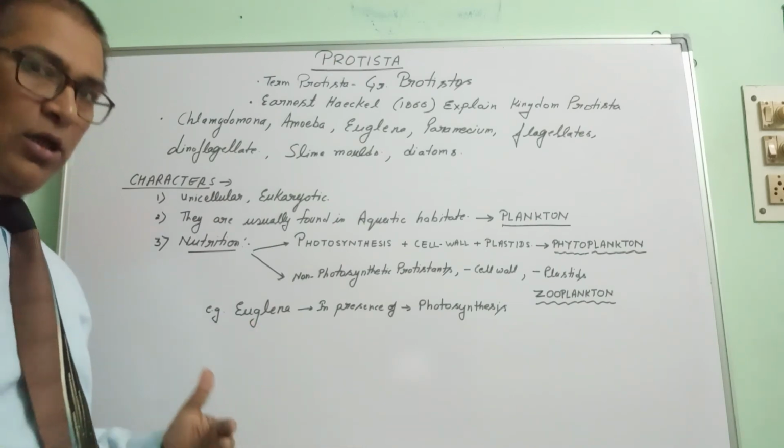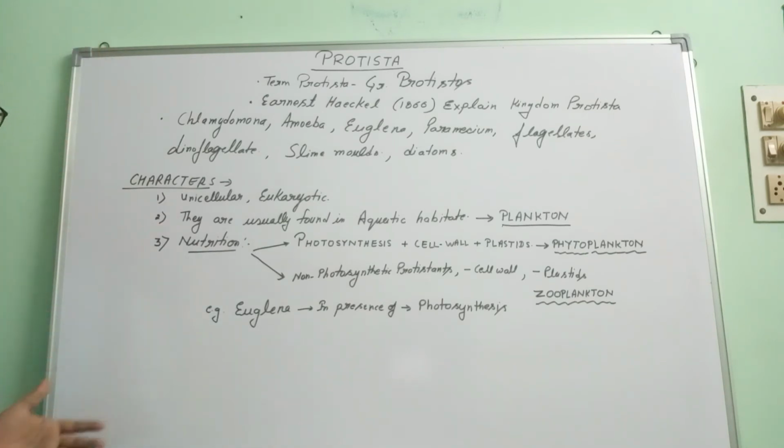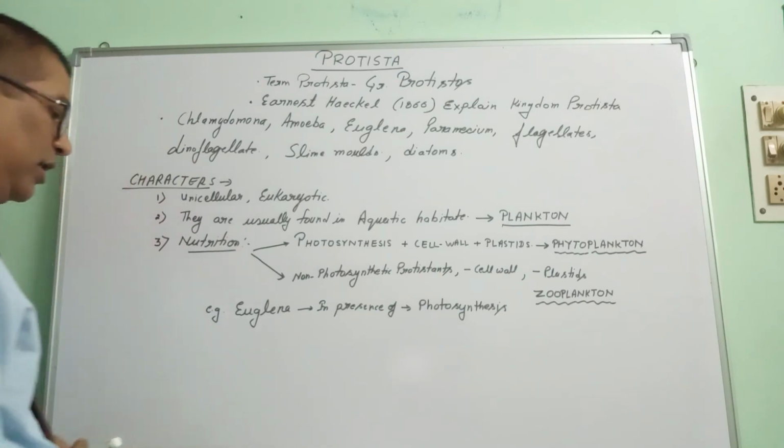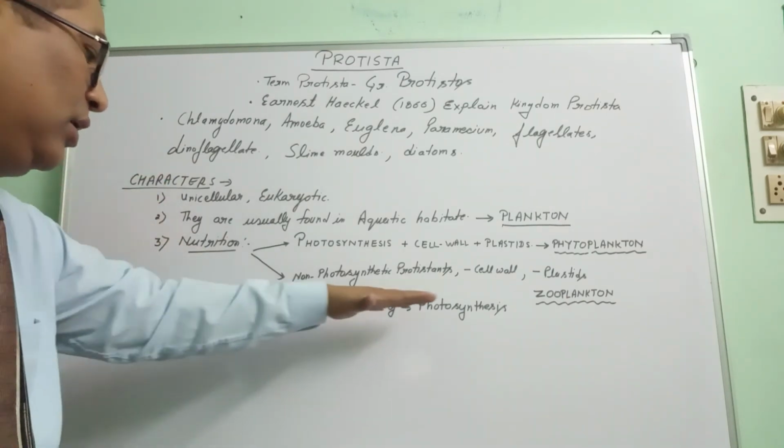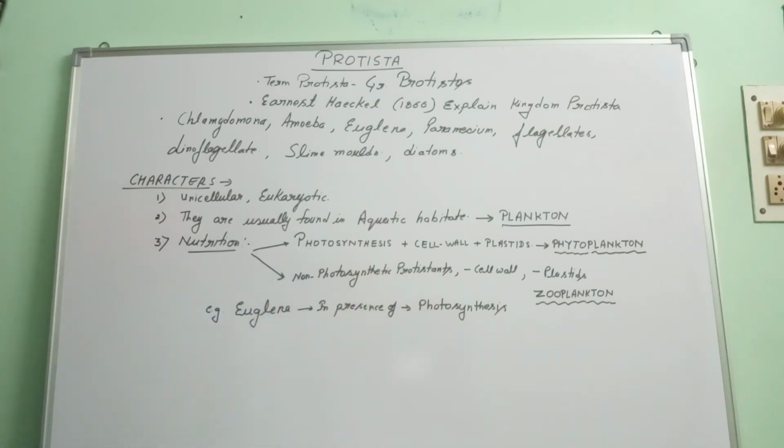Euglena cells have chloroplast-like substances, or you can say chlorophyll, which help in photosynthesis. In the presence of light, they show the photosynthetic reaction and they prepare their own food material.